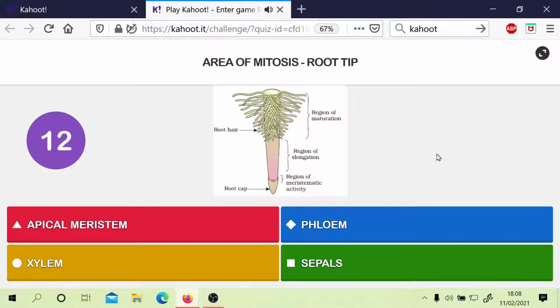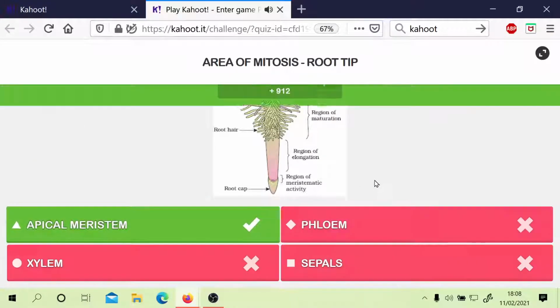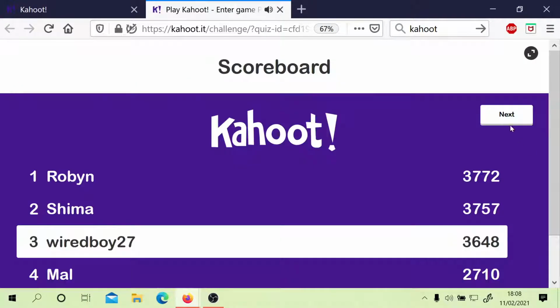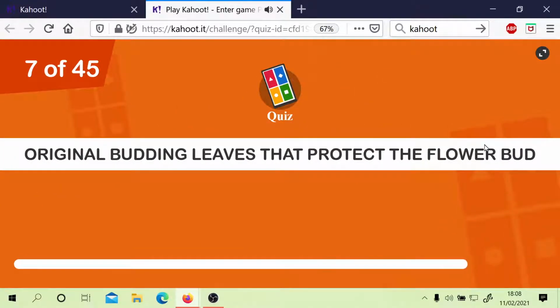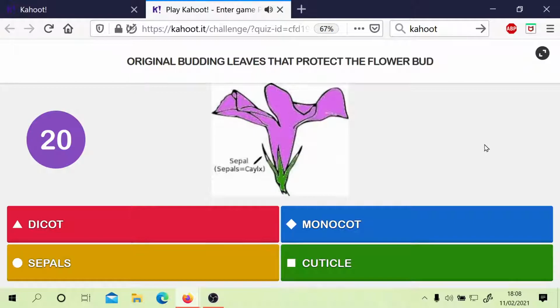I would guess it's probably mitosis. I'll go for the meristem. That's cell division, right? The original leaves that protect the bud.